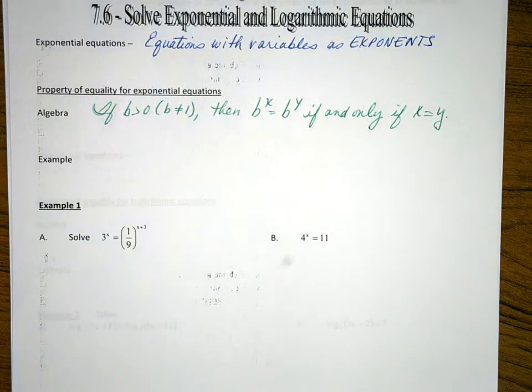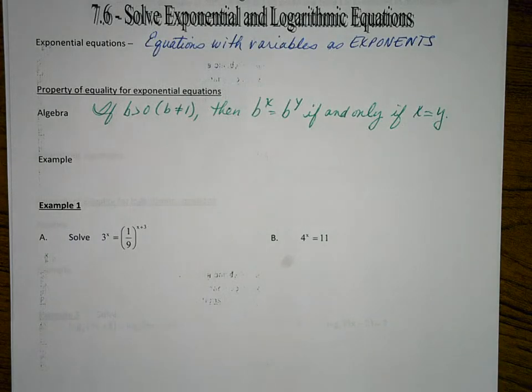There should be nothing shocking about that. If my bases are the same, their exponents have to be equal. We have been using that for several days now when we were talking about the definition of a logarithm and writing it in exponential form. That should make sense. When the bases are the same, the exponents are equal.